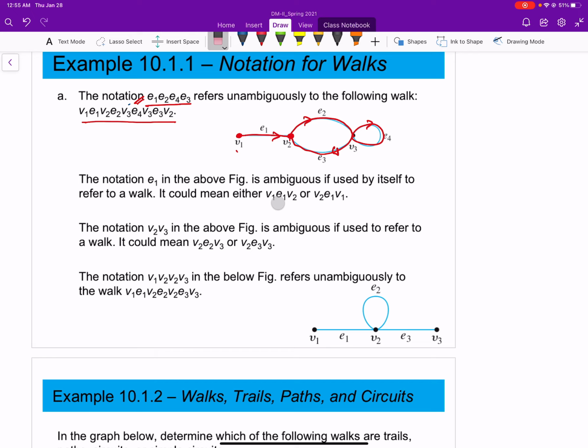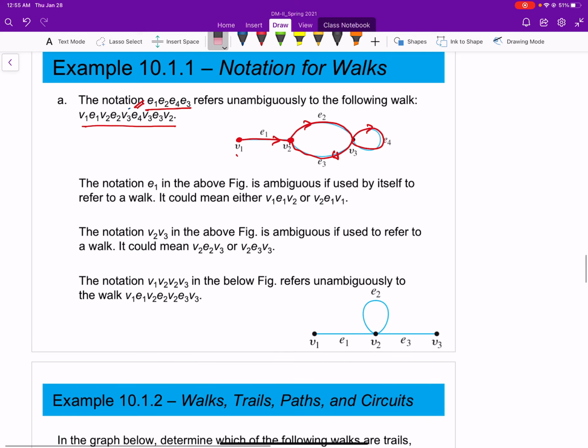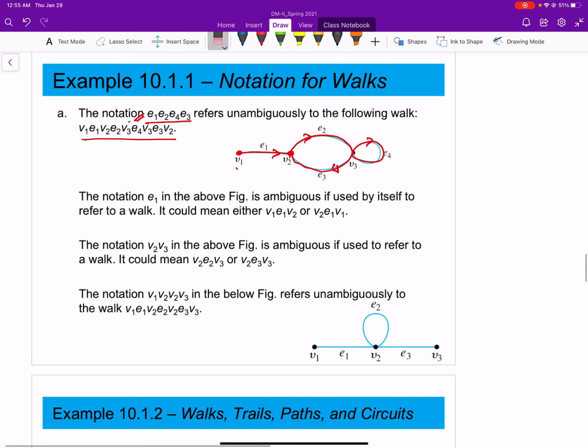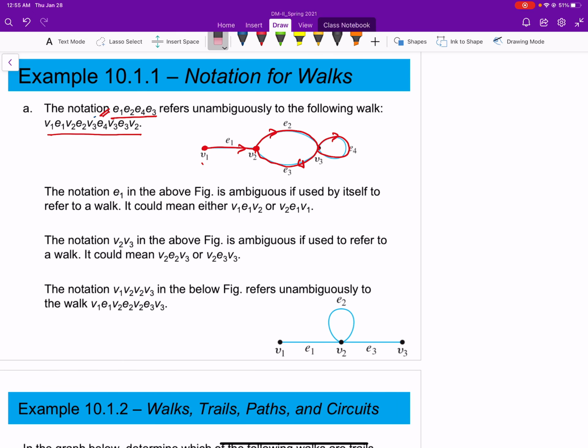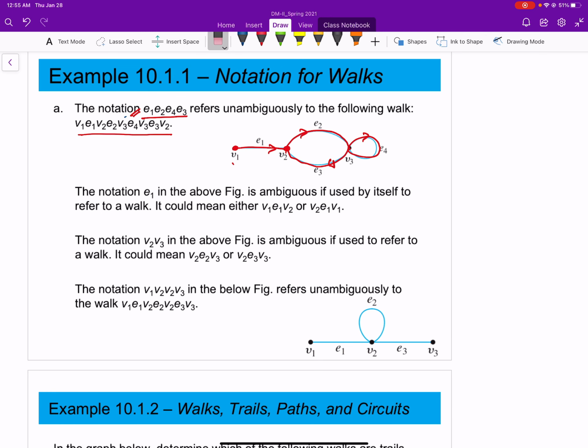It could mean either V1, E1, V2 or V2, E1, V1. That's what is explained here. Let's say you are just representing E1. You just represent E1 to denote a path, just E1.